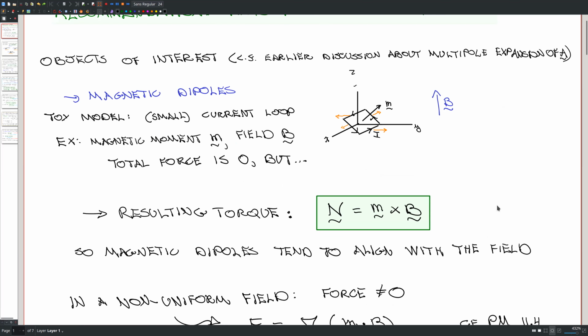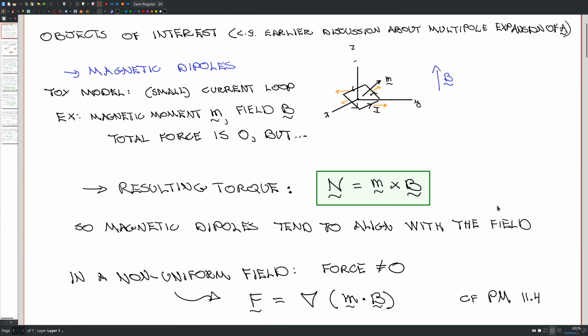Now very briefly, another thing to quickly mention is that although the resulting force vector on the full object is 0, so it's not because there's a torque that the thing would start drifting, moving around. If the external field is not uniform, so if the magnetic field actually depends on position, then it could be that there's a resulting drifting force on the dipole.